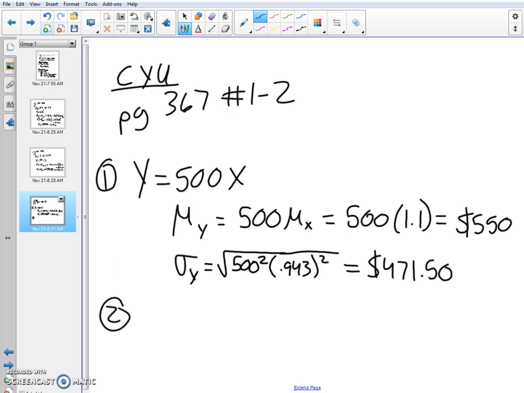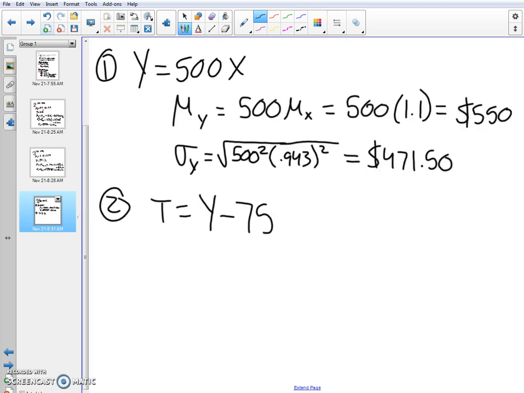Let's see how you did on number 2 then. So number 2 is still talking about the same situation, but instead of just getting that bonus, he's going to also spend $75 to get people there. So his total bonus is going to be what he received minus the $75. So the bonus he got minus the $75 because he wants to subtract off what he paid for in donuts and coffee.